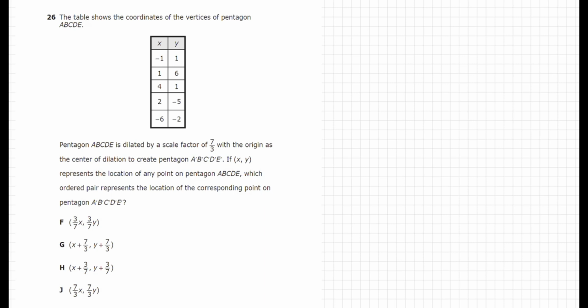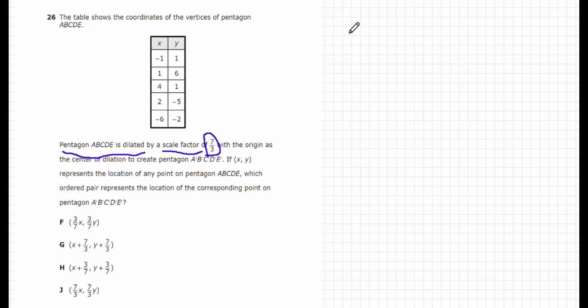Question number 26. Pentagon ABCDE is dilated by a scale factor of 7/3 with the origin as the center of dilation to create pentagon A prime B prime C prime D prime E prime.